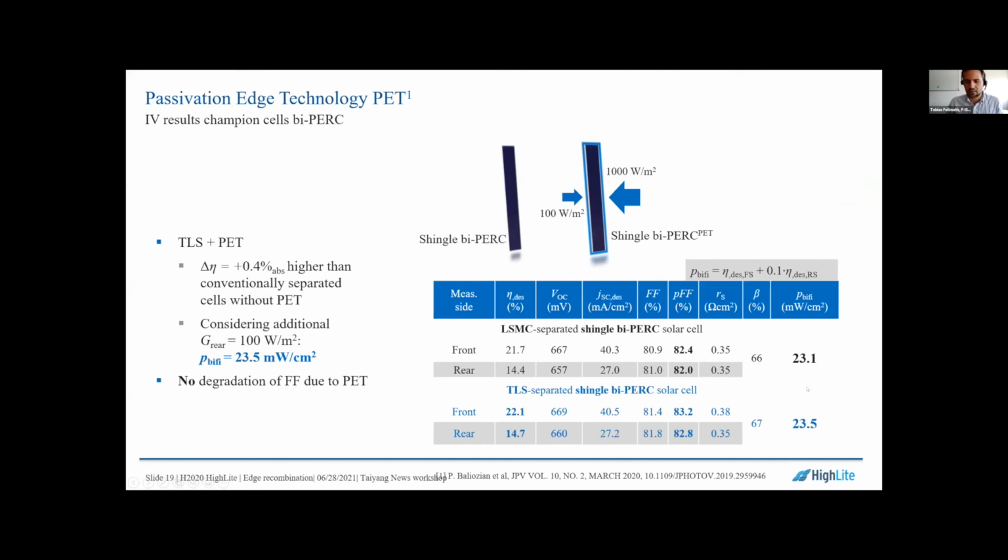We're reaching then finally a power output of 23.5 milliwatts per square centimeter with the shingle B-perk solar cells having a passivated edge, compared to 23.1. So we're having here a gain of 0.4% in the efficiency due to PET.